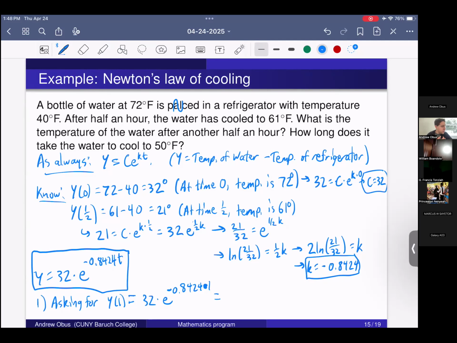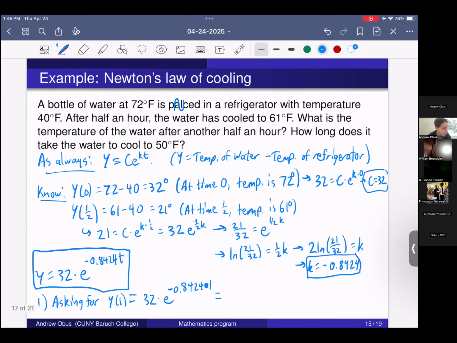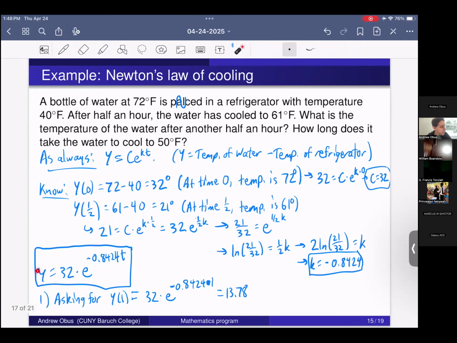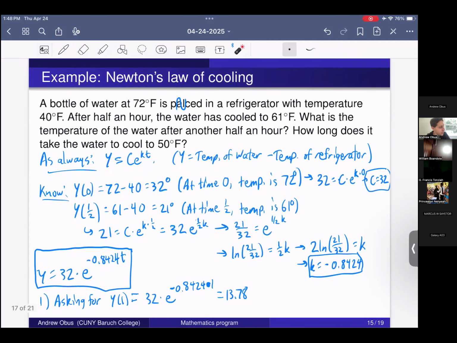That's going to be equal to about 13.78. But remember, that's y. 13.78 is the difference between y and 40 degrees, right? So T minus 40 degrees equals 13.78 degrees. So T is going to be 53.78 degrees.